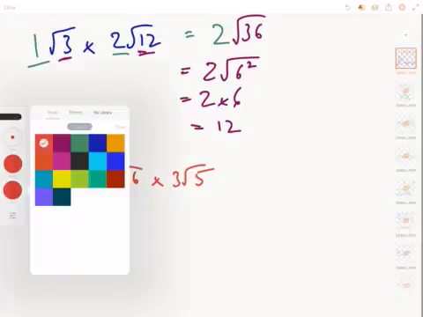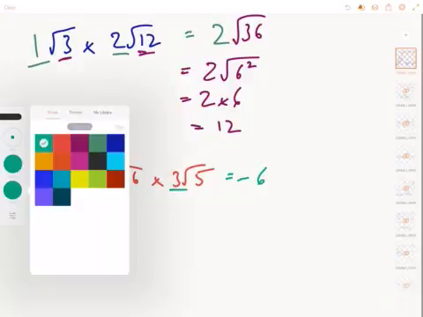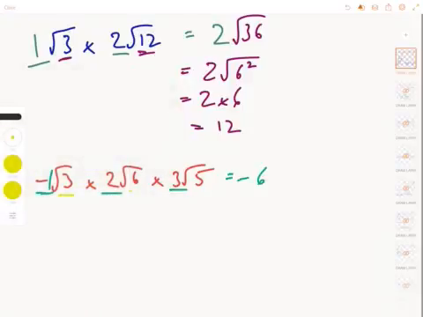Again, coefficients first. It doesn't matter that there's 3 surds here. Don't get freaked out by it. It's minus 1 by 2 by 3. So 1 by 2 by 3 is 6. That's minus 6. And then looking at the surd part, the 3, the 6, the 5, 3 by 6 is 18. 18 by 5, top of my head, I think that's 90.